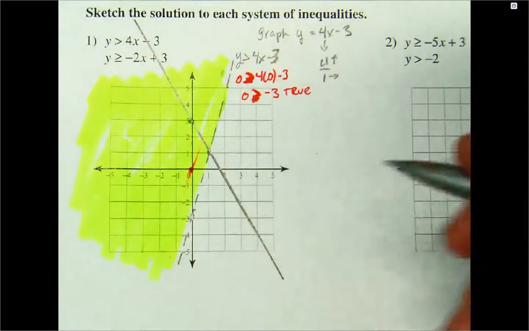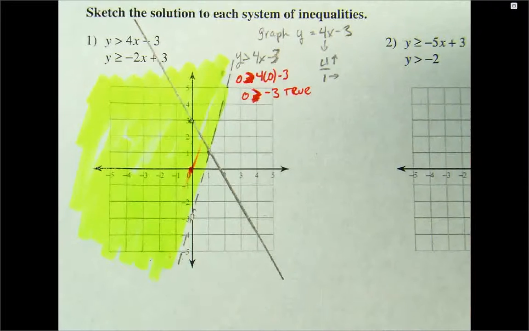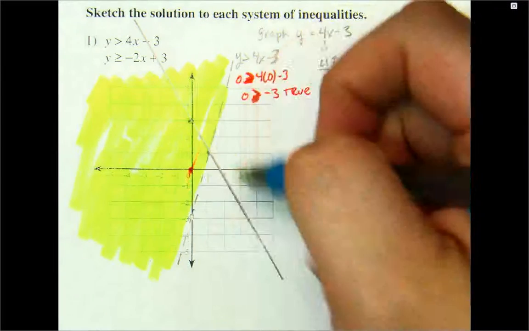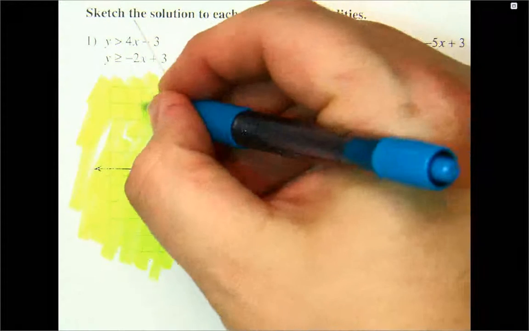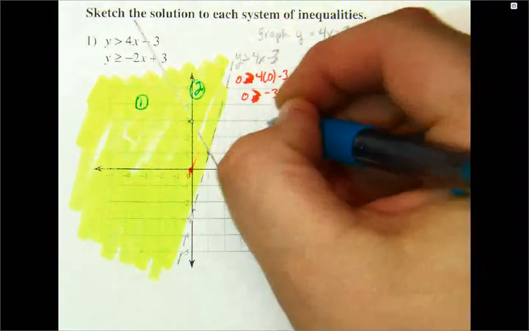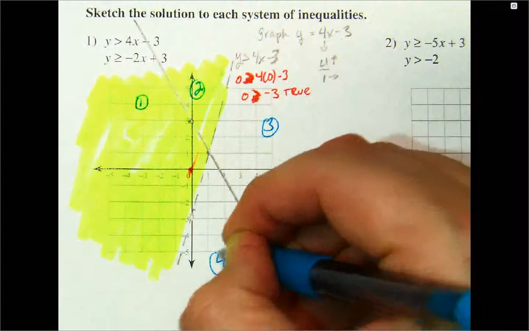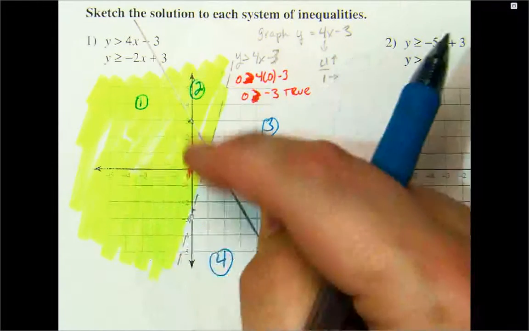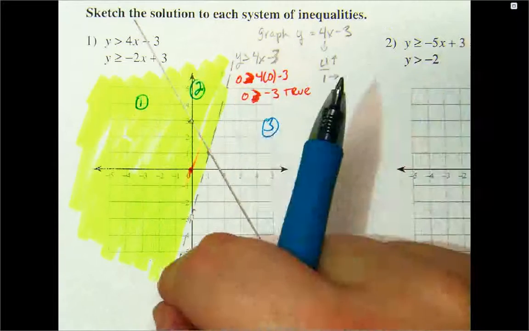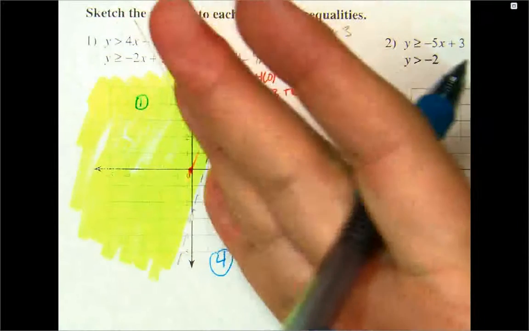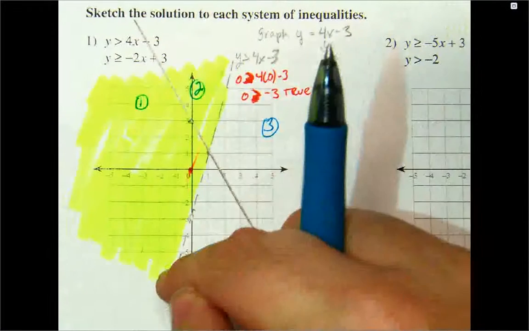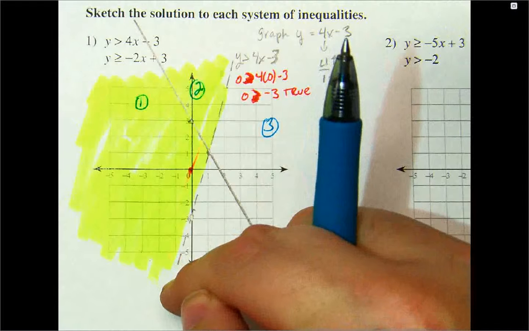But first off, once I graph these two lines, you have 4 different regions that these two lines, when they cross each other, cut the graph into. One of these regions is going to be the solution region.